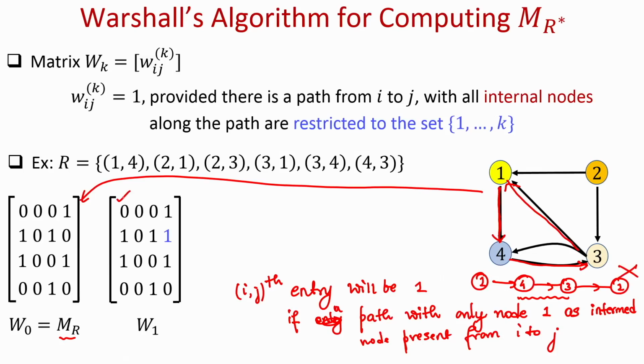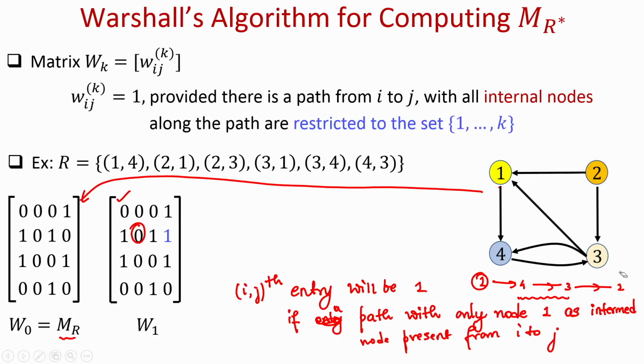Due to the same reason, the entry 2 comma 2 is 0. Sorry, here you have no path, so the entry 2 comma 2 anyhow will be 0.